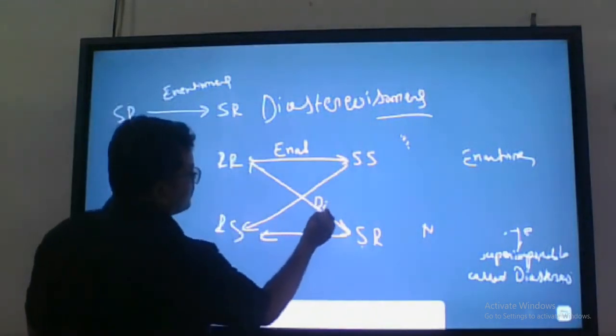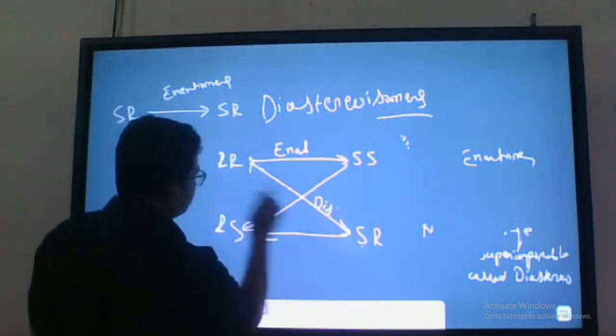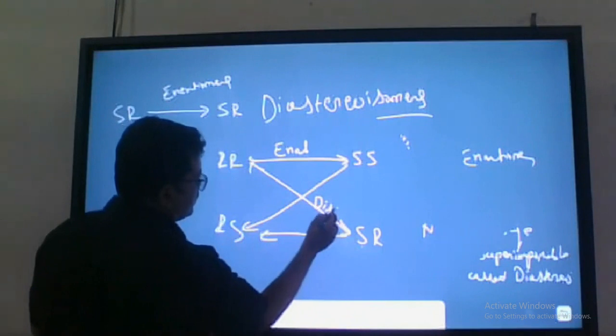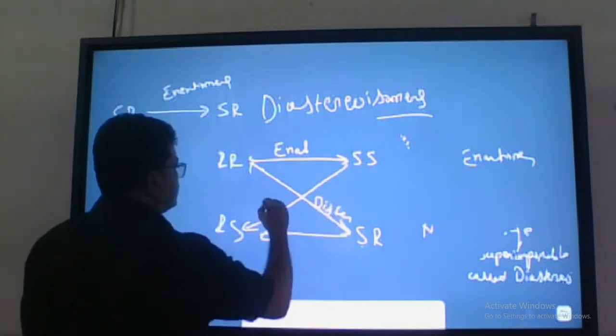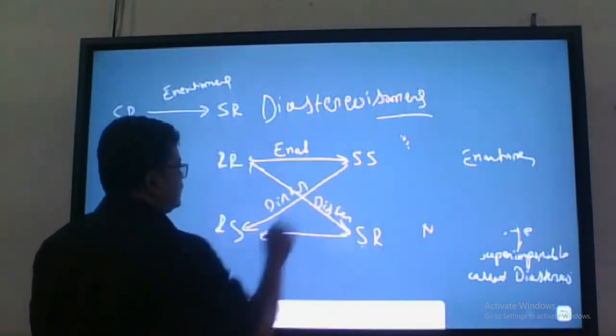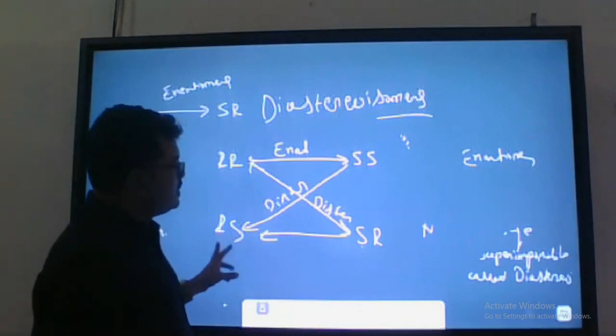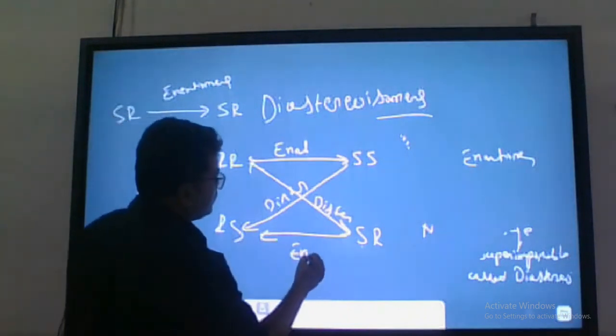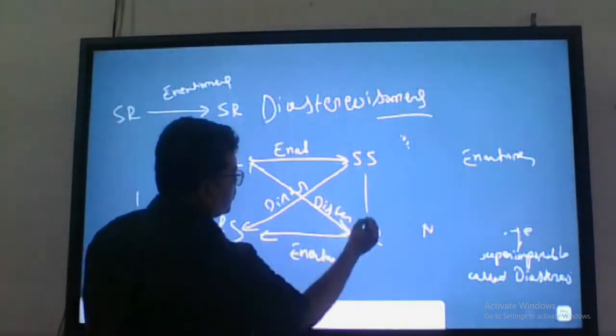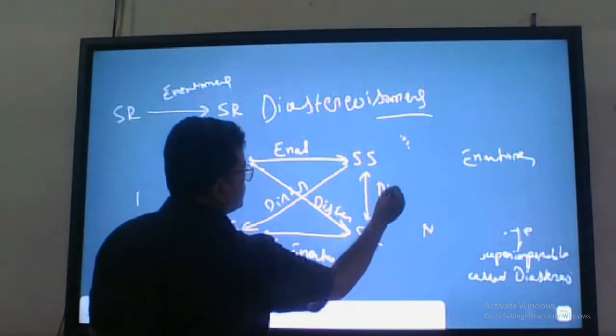This is diastereoisomers. See, RR and SR: diastereoisomers. SS and RS, this is diastereoisomers. This SR and this one, enantiomers. What about this one? Diastereoisomers.